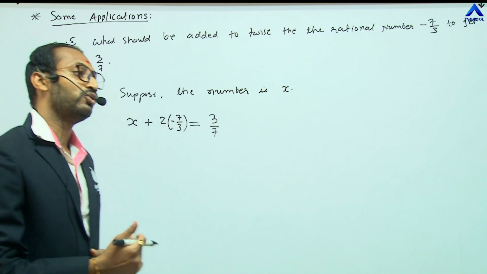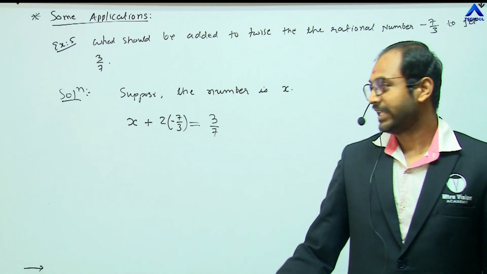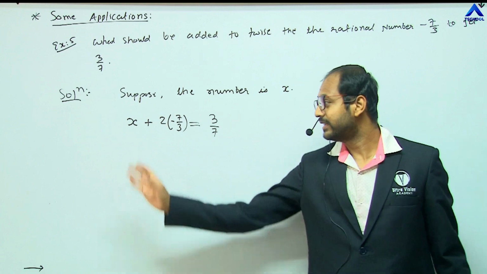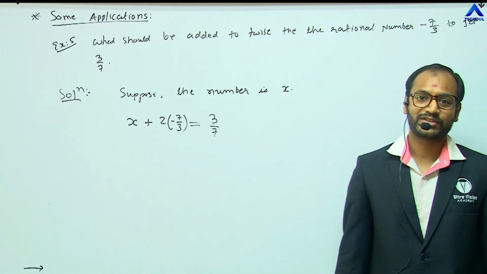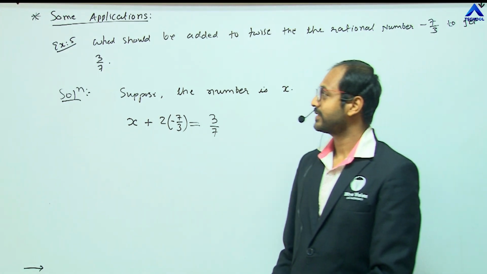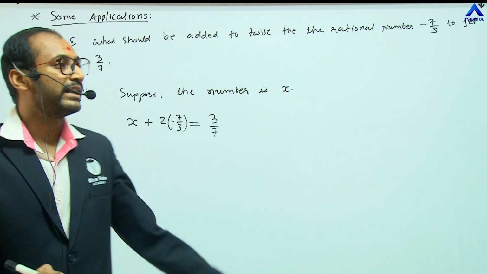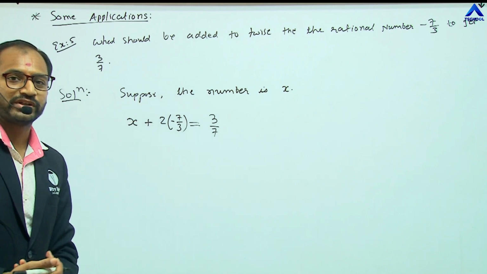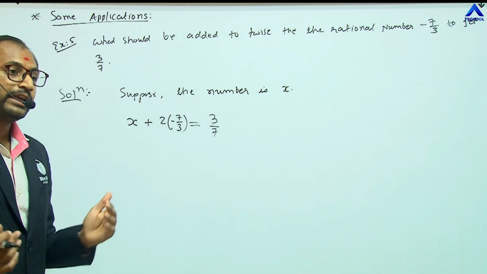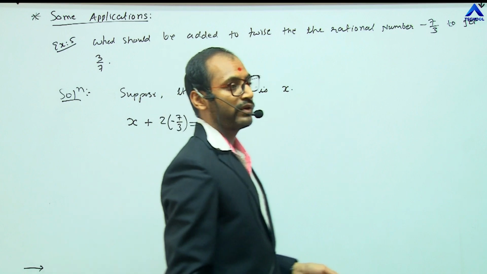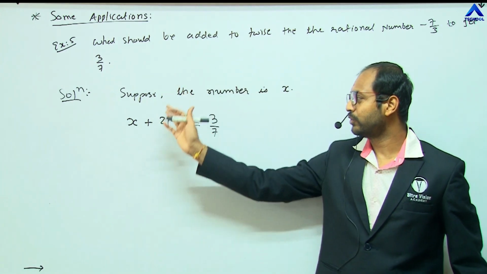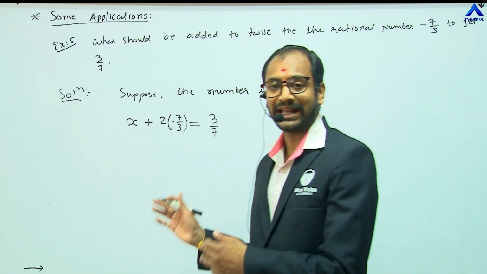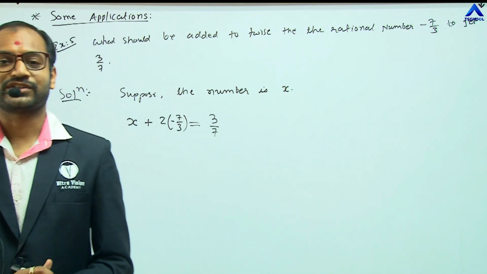So you have to know how the equation can be read. How can we read this equation? This is the process of a sentence being converted into an equation. And if we know how to convert a sentence into its equation, we can solve many practical applications of this equation.